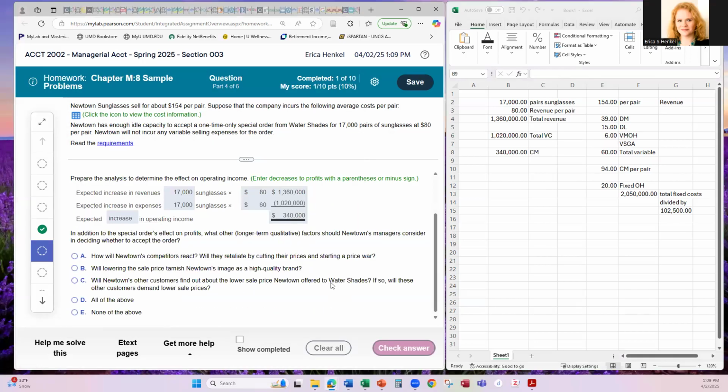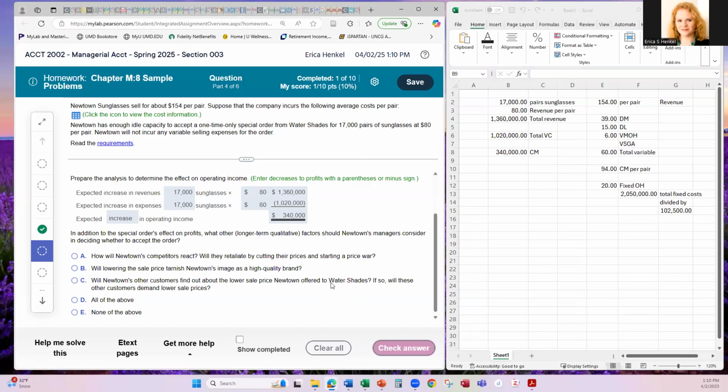So now they're asking us, in addition to the special order's effects on profits, what other qualitative factors should we think about here? Well, how will Newtown's competitors react? We definitely want to think about that. If we're selling to a company and giving them a better price than their competitor, and they're both our customers, they're going to be very unhappy with that. Will lowering the sale price tarnish our image as a high quality brand?